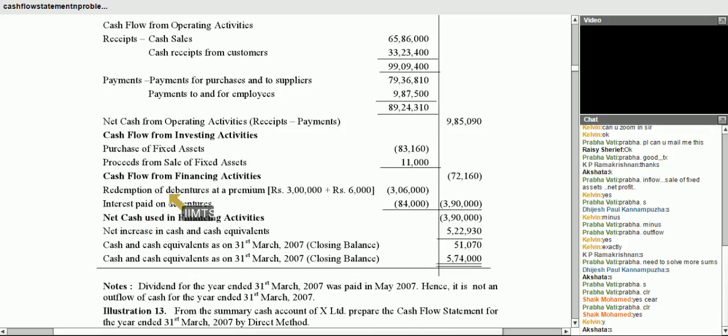Then for financing activities, we did redemption of debentures at a premium. So 3 lakh for debentures and 6,000 for premium, so in total it comes to 3 lakh 6,000. And interest paid on debenture is 84,000. When we add them up, it comes to a total of 3 lakh 90,000, the net cash used in financing activities.